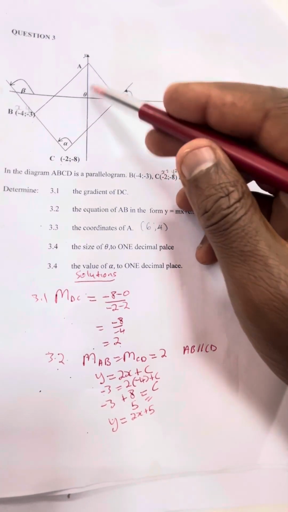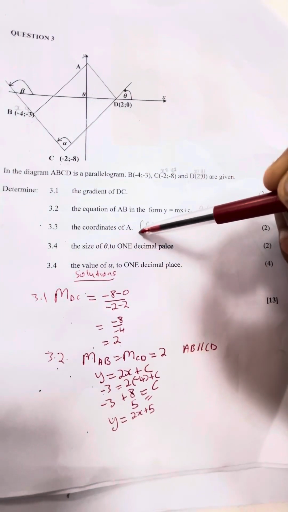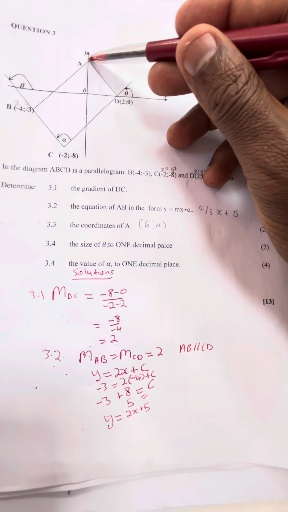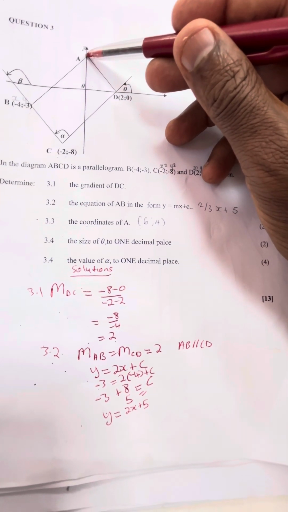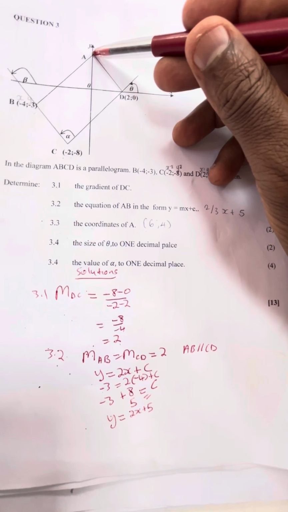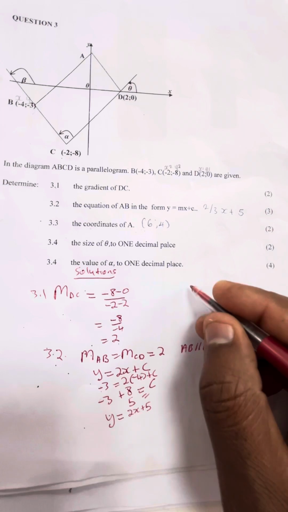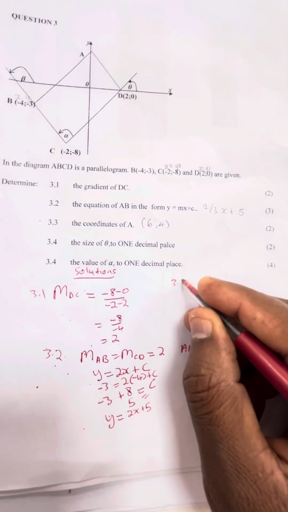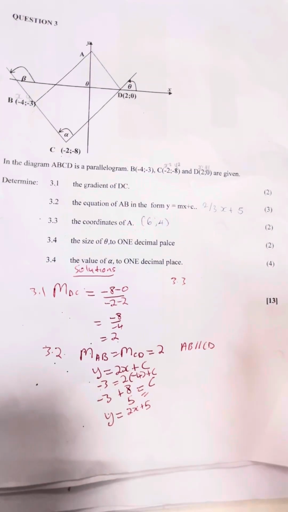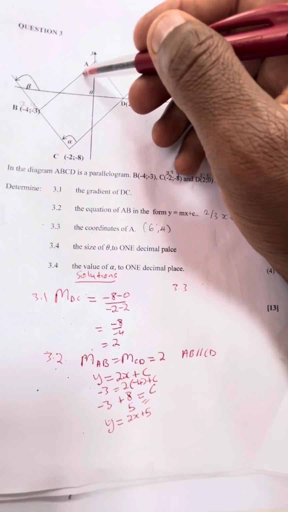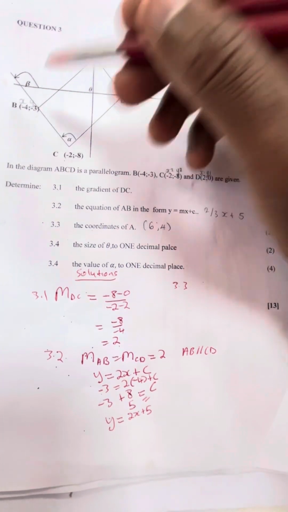3.3, they're saying determine the coordinates of A. Where is point A? It is along the y-axis, okay? So you are going to use the equation that you wrote in question 3.2.